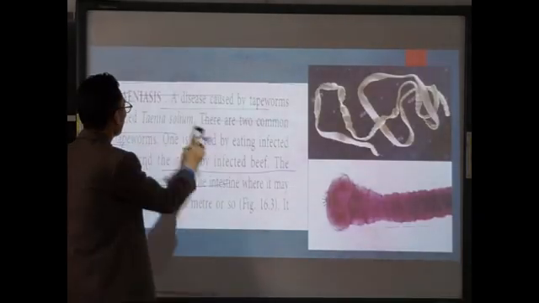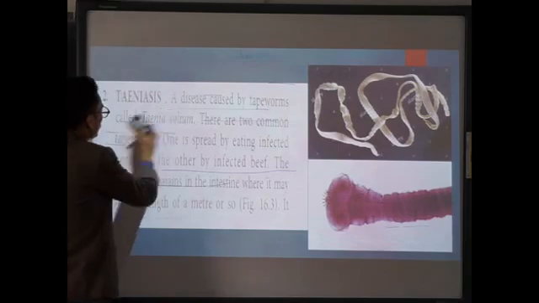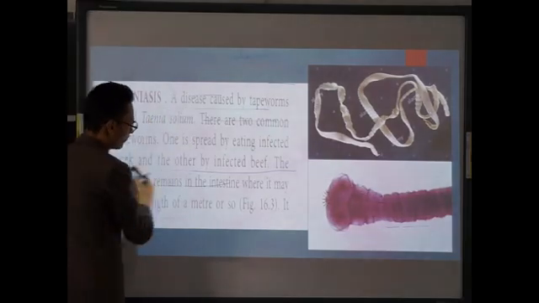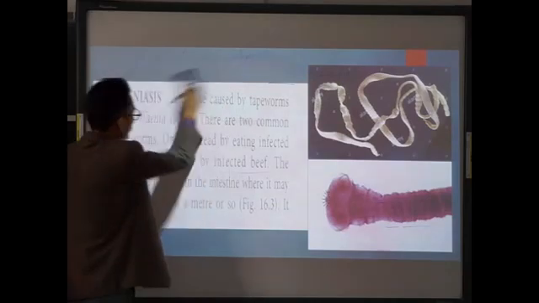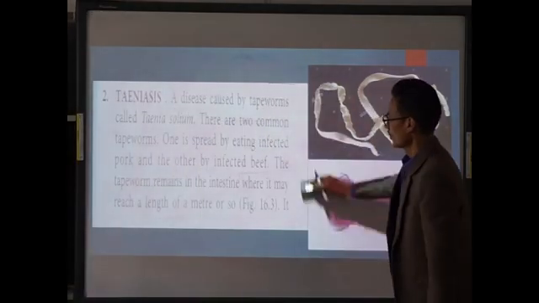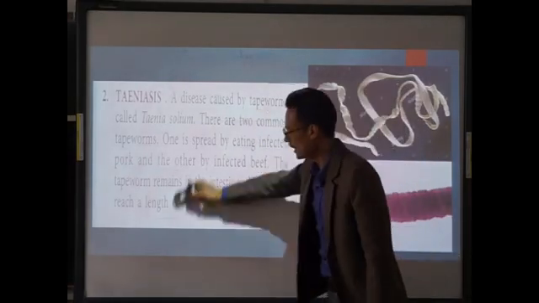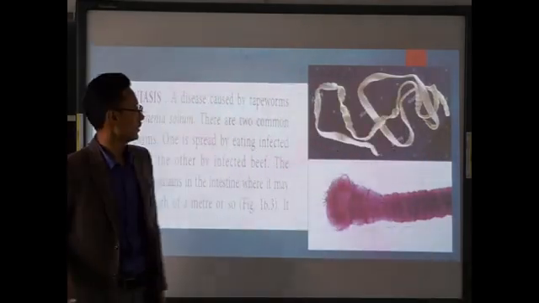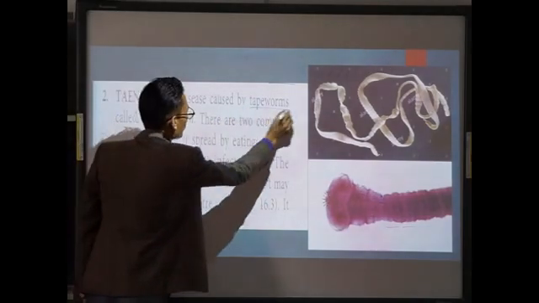The next one, we learn about the third disease that is caused by a parasitic worm, that is taeniasis. Taeniasis is mainly caused by the tapeworm.